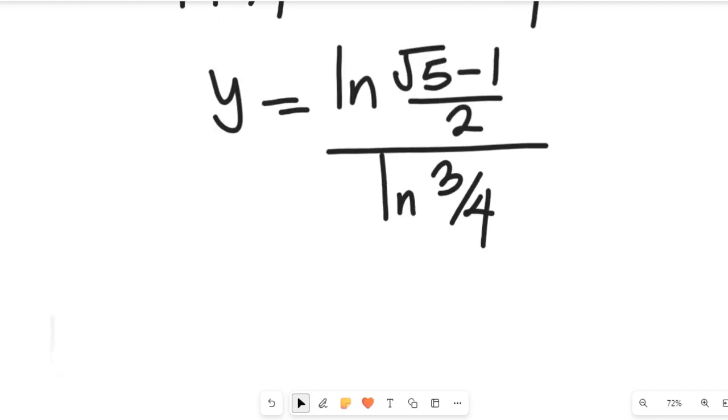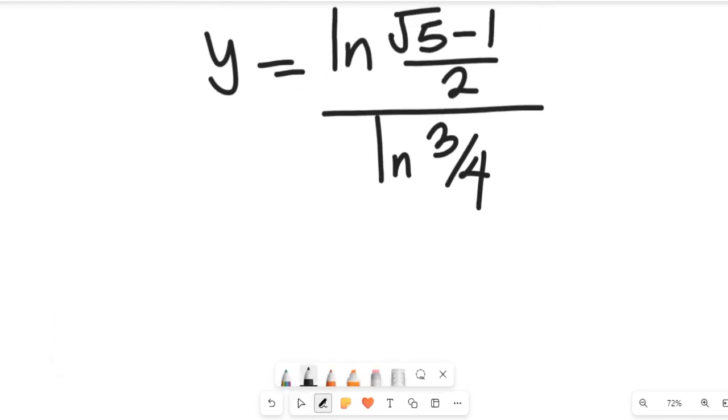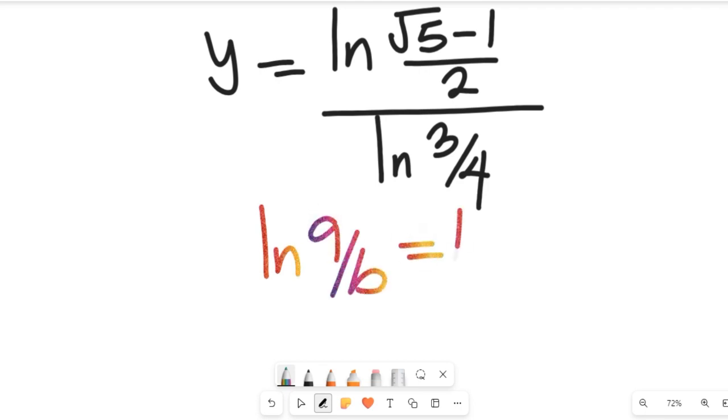Now note something: from the laws of logarithm, if I have the natural log of a divided by b, this is equal to the natural log of a minus the natural log of b.